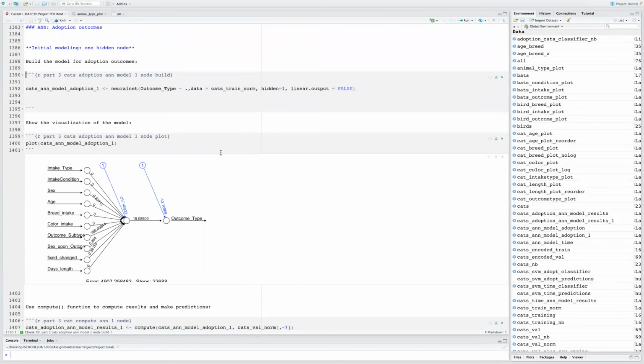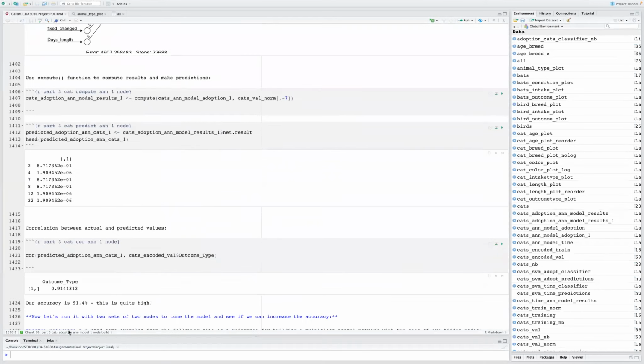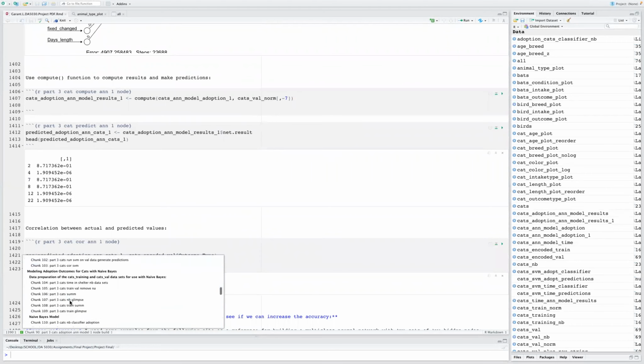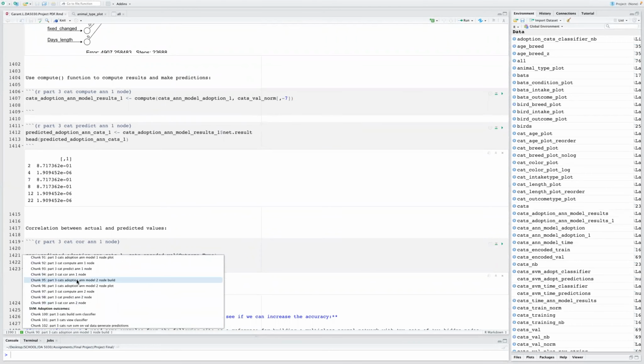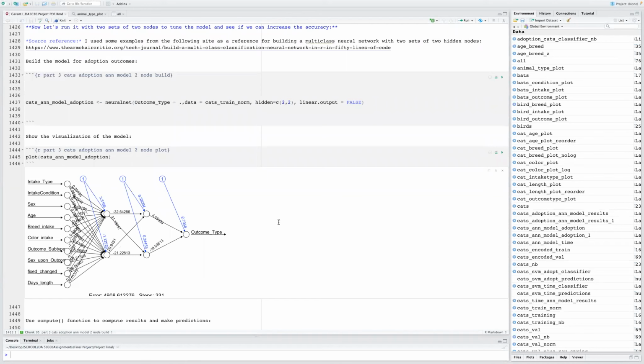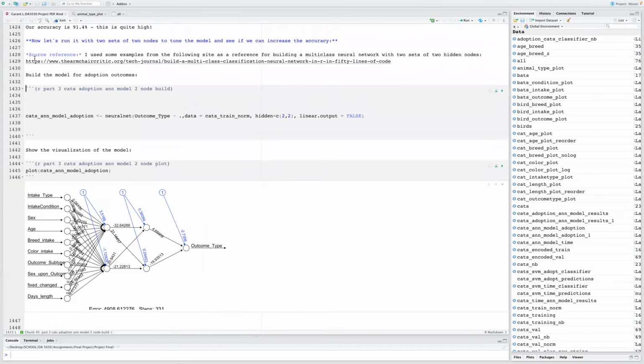For the neural network, I built one with one hidden node, and then I built one with two sets of two hidden nodes, using this resource here for the multi-class neural network model.